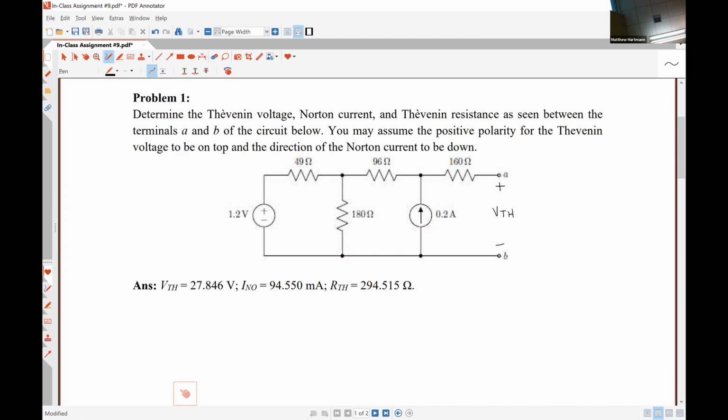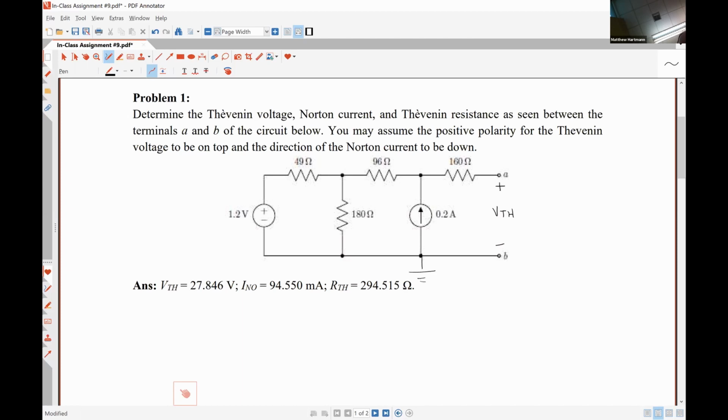I would argue that since we're trying to find the voltage, we should use nodal analysis. That being said, we could just as easily do mesh analysis. We'll just have to get a little bit creative at the end, since mesh analysis is going to give us a current and we're looking for a voltage. So using nodal analysis, I'm going to choose my bottom node as my reference.